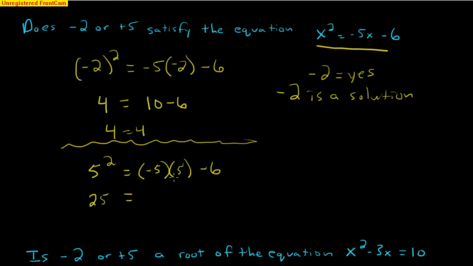Negative 5 times positive 5 gives us negative 25 minus 6, 25 equals negative 31. So positive 5 is not a solution. So we would say, I guess, positive 5 is no. So that's all we're doing really in the lesson, is plugging in assigned values for an equation to test and see if they are solutions, or we might call them roots.